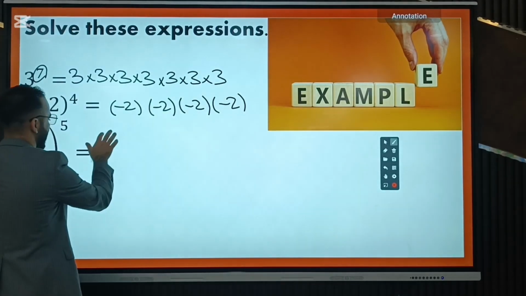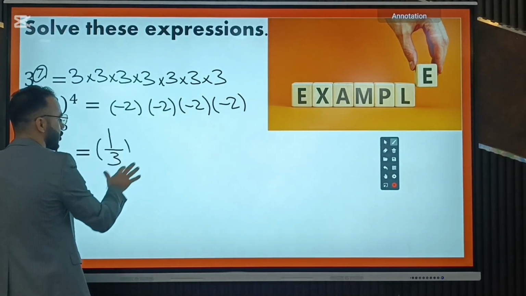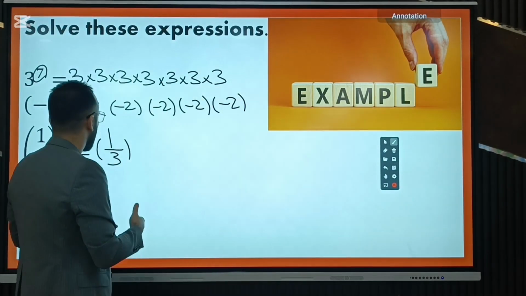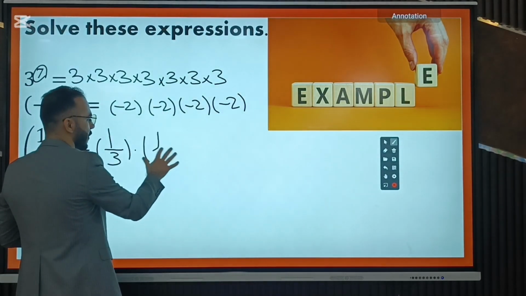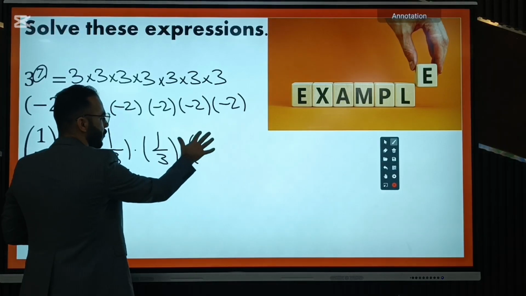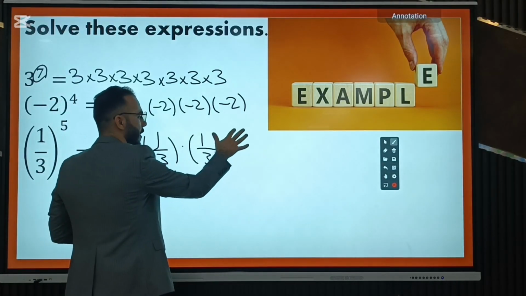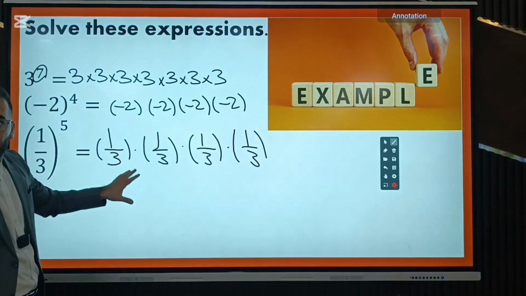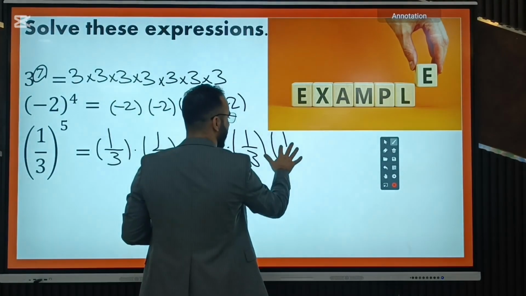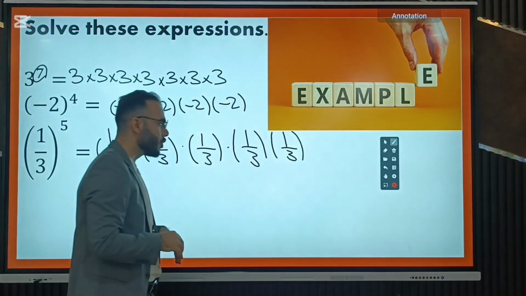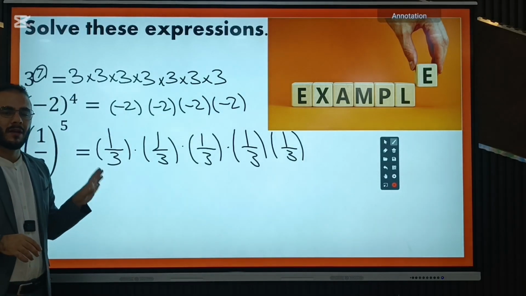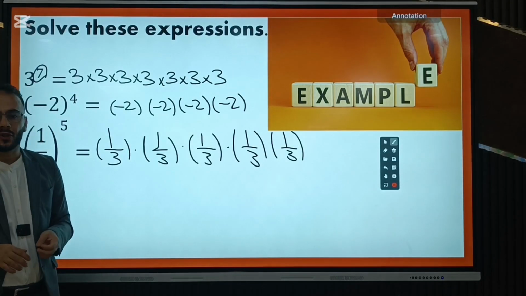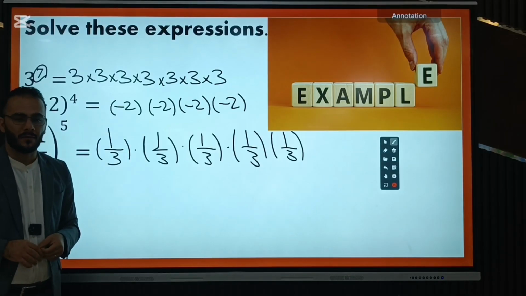The fraction 1 over 3 is the base of the power form. So 1 over 3 times 1 over 3 times 1 over 3 times 1 over 3. That's 4 times, and we need one more multiplied by 1 over 3. So 5 times, 1 over 3 multiplied by itself. That means exactly this power form, which is 1 over 3 powered by 5.